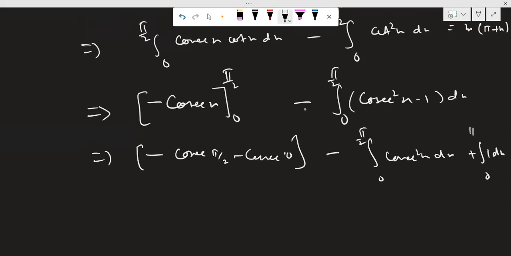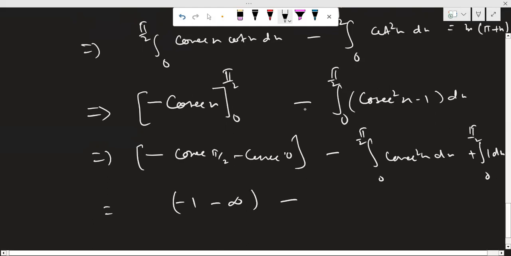So this will be negative cosec pi by 2, which is negative 1, minus, the integral of cosec square x is negative cot x. So negative times negative is positive cot x, from 0 to pi by 2, and plus x from 0 to pi by 2.